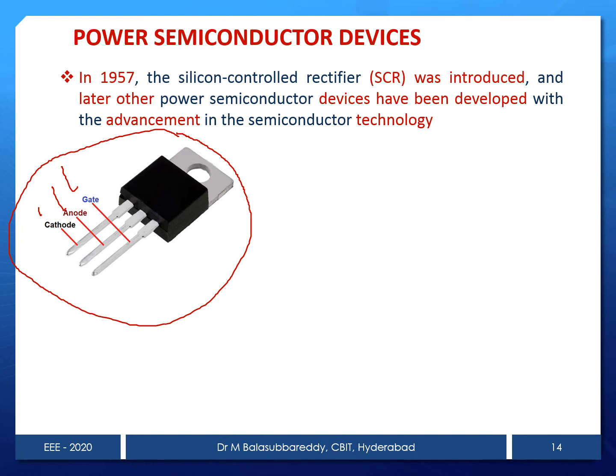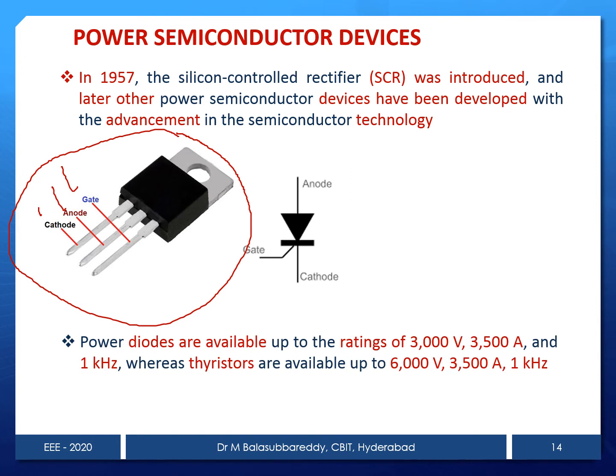You can observe it in our laboratory also. And this is the symbol wherever you want to represent a thyristor, so we can easily show this in our circuit. Wherever you want to write a thyristor, just represent it like this.